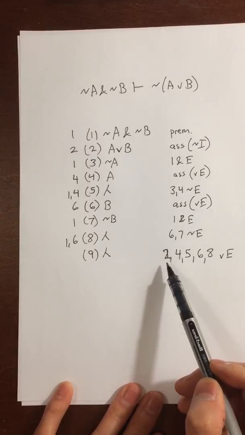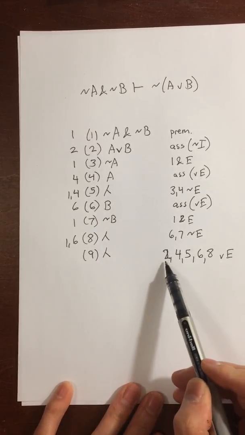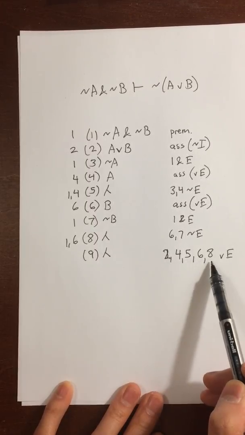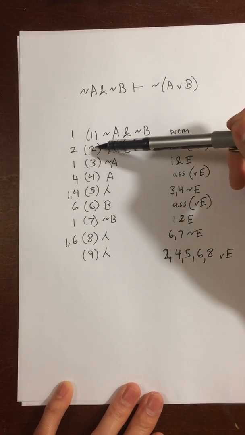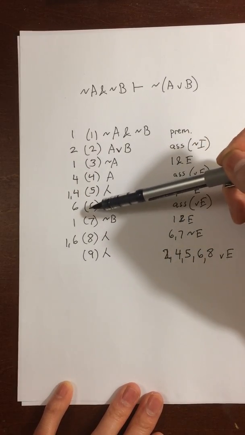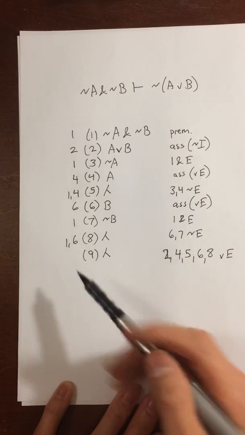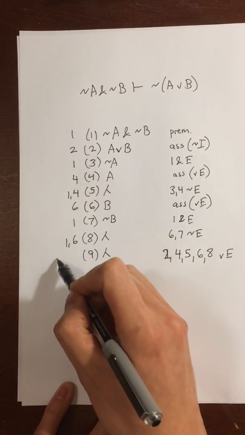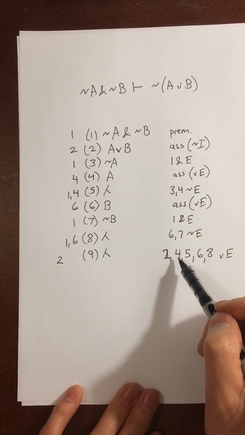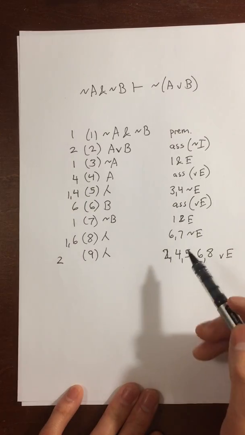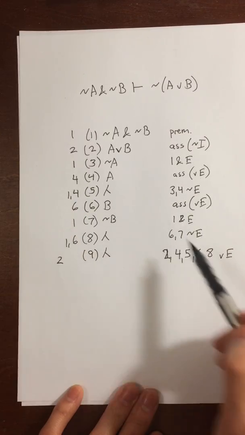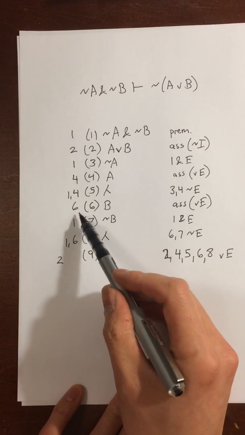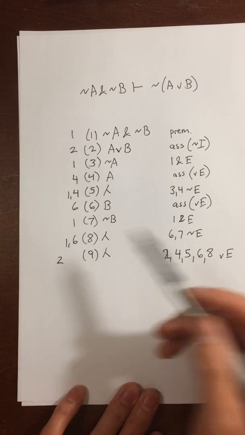So to calculate the dependency numbers for this line, you'd have to get it from all 5 lines. So it should be from 2, 4, 5, 6, and 8. Right? And so 2 is 2, and 4 is 4, 5 is 1 and 4, 6 is 6, and 8 is 1 and 6.